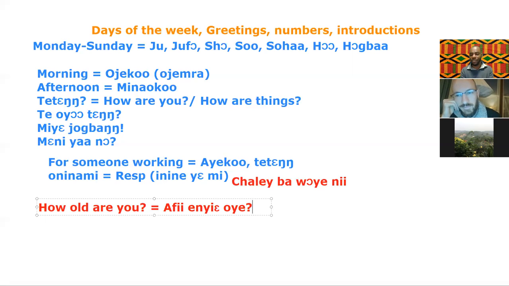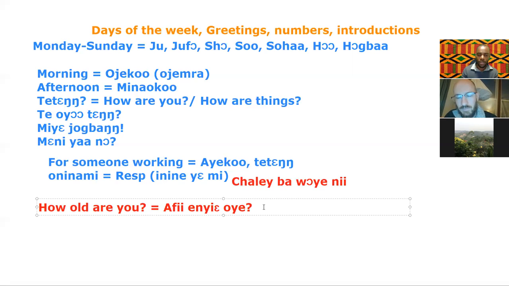Oye afi enye. That is another way you will hear people ask this same question. Afi enye oye, literally meaning how many years have you actually eaten? Literally, if you want to translate it word for word, afi ini or oye afi ini.